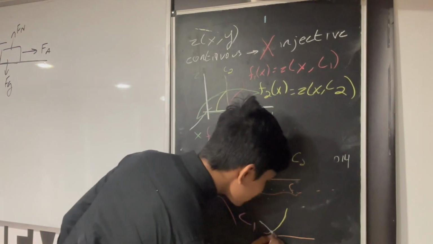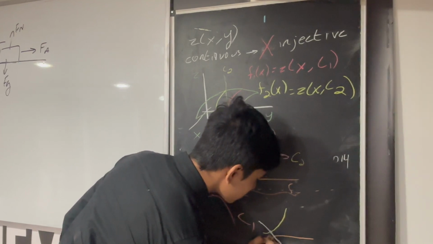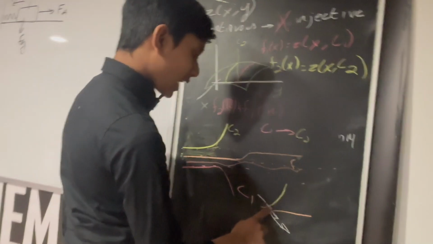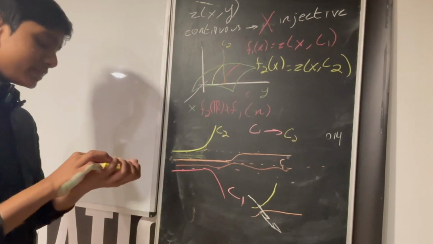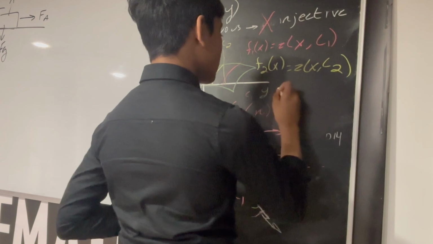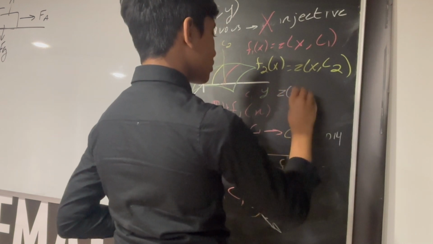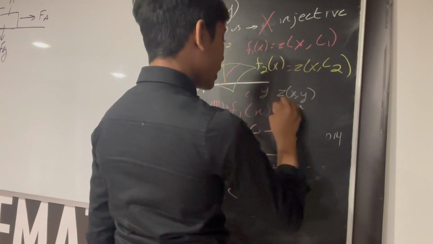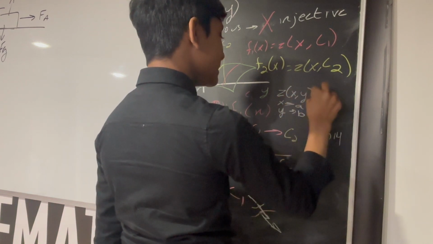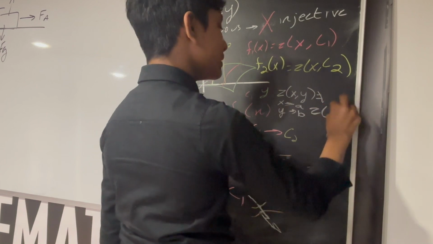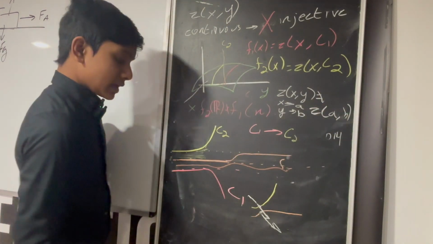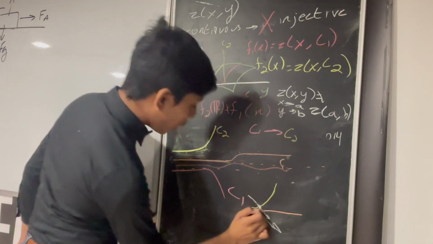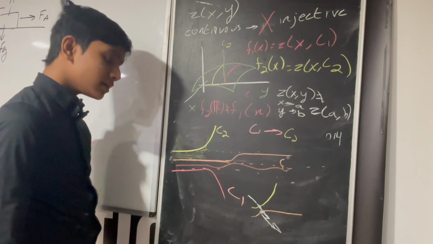It's going to have a totally different z value, which means that we are going to have to deal with z of x, y as x approaches a and y approaches b not being equal to z of a, b. Because in this case, x is approaching a, y is already at b, let's say.